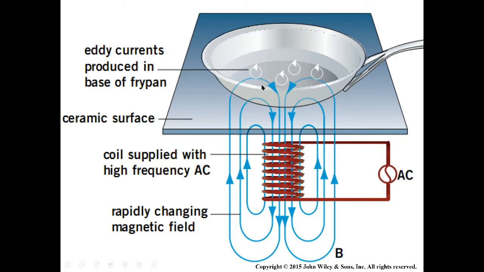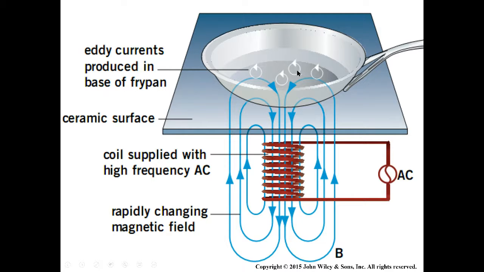If this magnetic flux through this coil is changing, then Faraday says, aha, there is now an induced electromagnetic induction, EMF. And this EMF will cause these charges on this pot to be jiggling around.